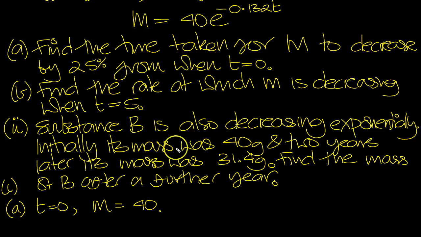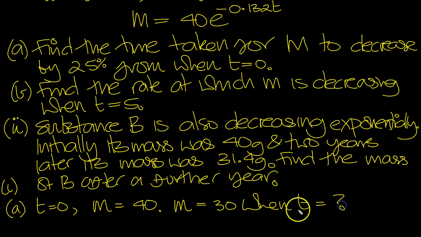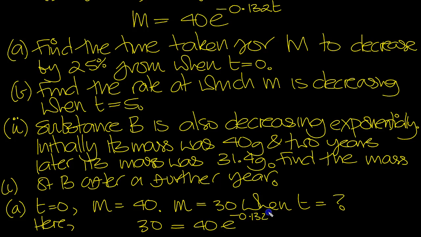25%. So for it to decrease by a quarter, so when m equals, take a quarter of that is 30, when t equals what? Let's put it in then. So 30 is equal to 40 e to the minus 0.132t.